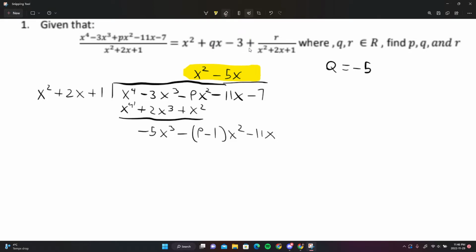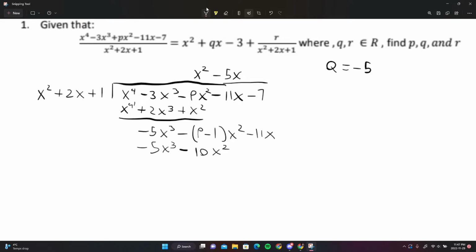So yeah, next we're just going to continue with doing our long division. So x squared times negative 5x is negative 5x to the 3. And then 2x minus 5x is just equal to negative 10x squared.